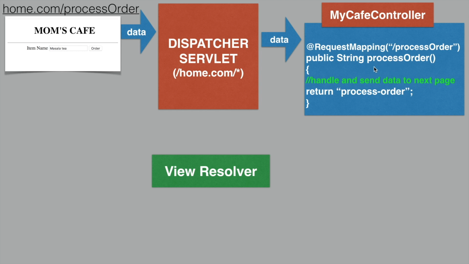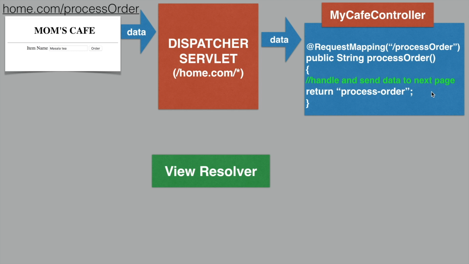In this method we need to capture the data passing through from here to here. The dispatcher servlet gives us the data entered by the user as well, right? We can capture and handle this data right here, and we can send the data to the next page.